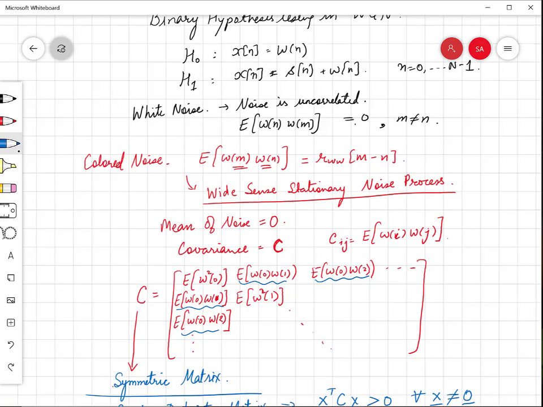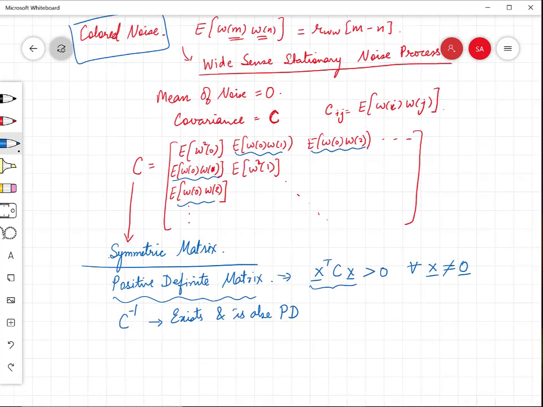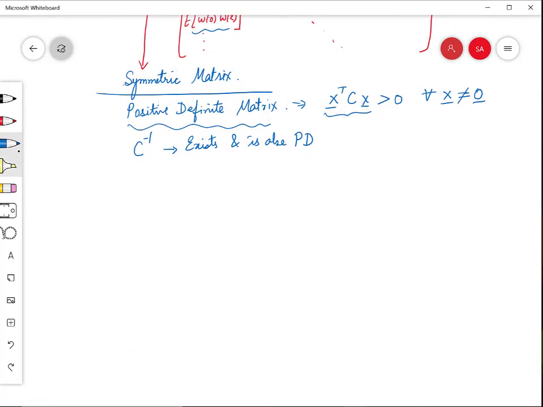Now we want to solve this detection problem when the noise is colored. We want to solve this problem of hypothesis 0 and hypothesis 1.